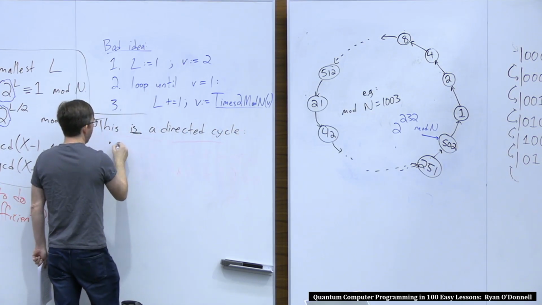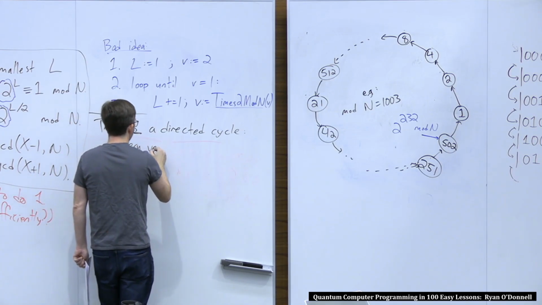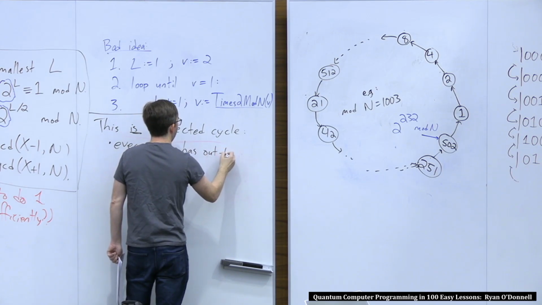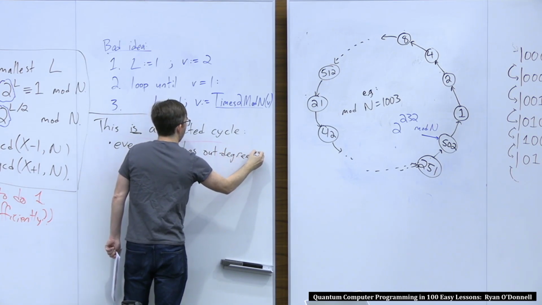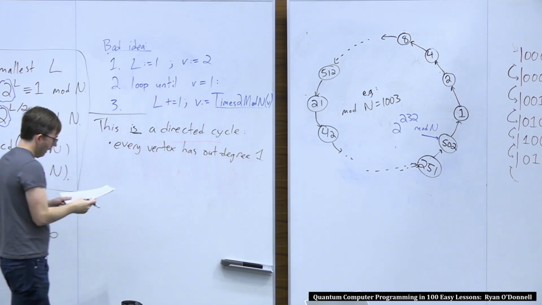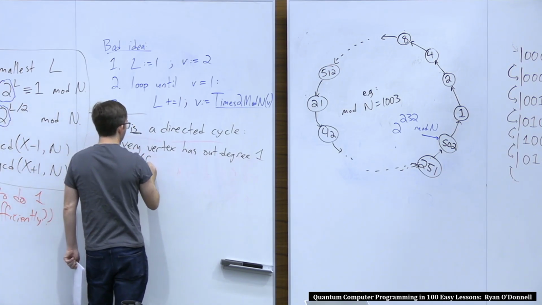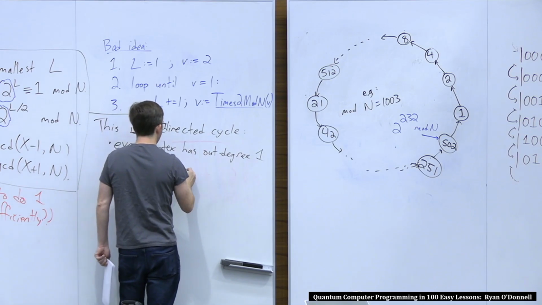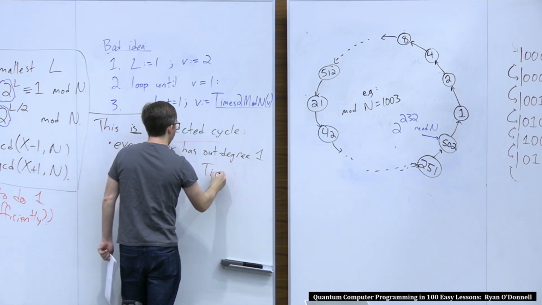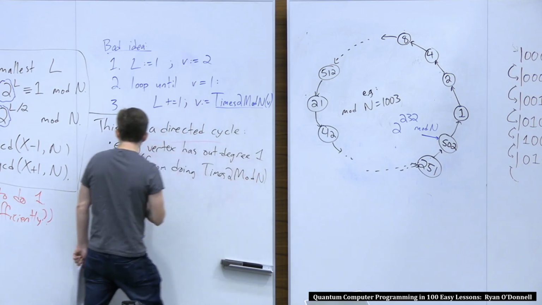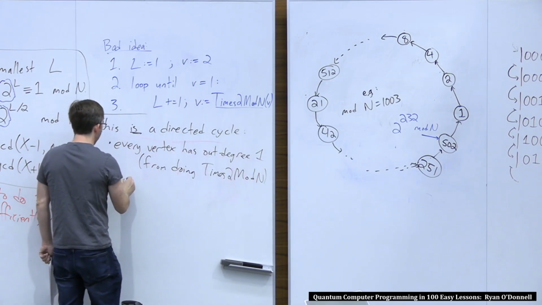Part of this is every vertex has out degree 1, from doing times 2 mod n. But I claim also every vertex has in degree 1 as well.